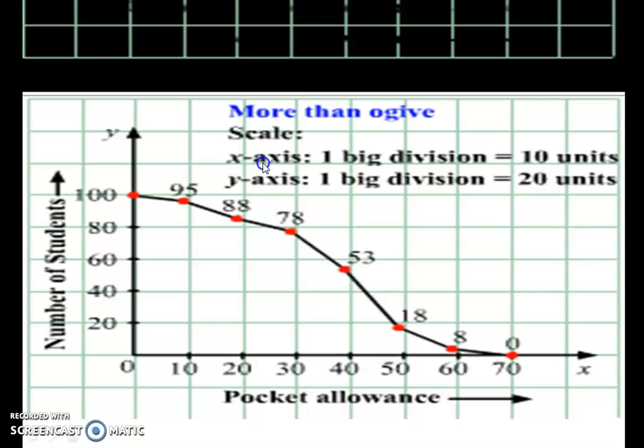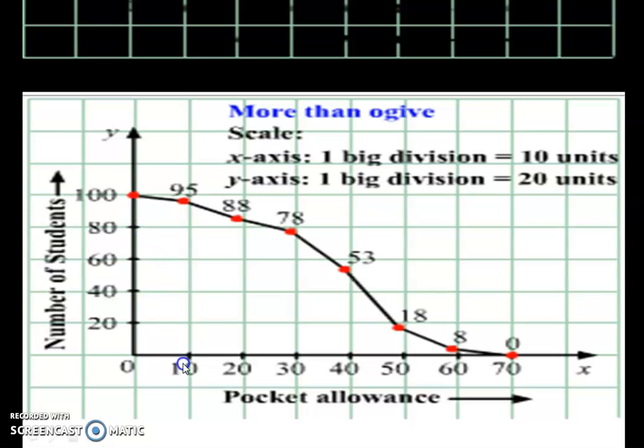The scale here is: along the x-axis 1 big division is equal to 10 units, and along the y-axis 1 big division is equal to 20 units. In graph paper you will write 1 centimeter is equal to 10 units and 1 centimeter is equal to 20 units.